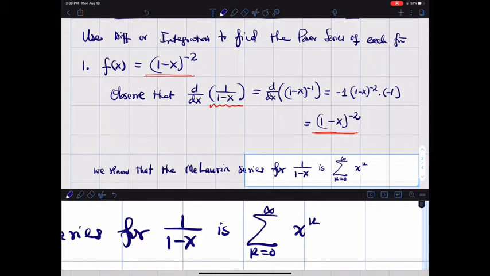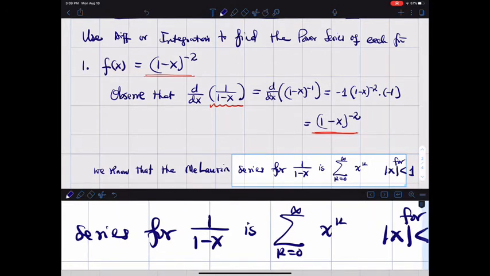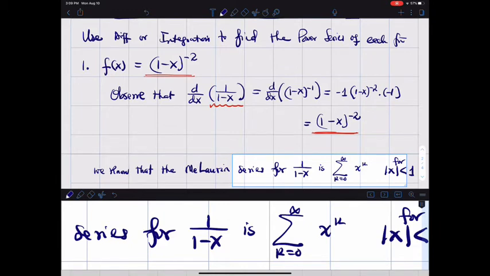And this is valid for the absolute value of x less than 1. If you go back to your notes from section 11.3, you will see this. Look for where I listed about 5 to 6 power series.